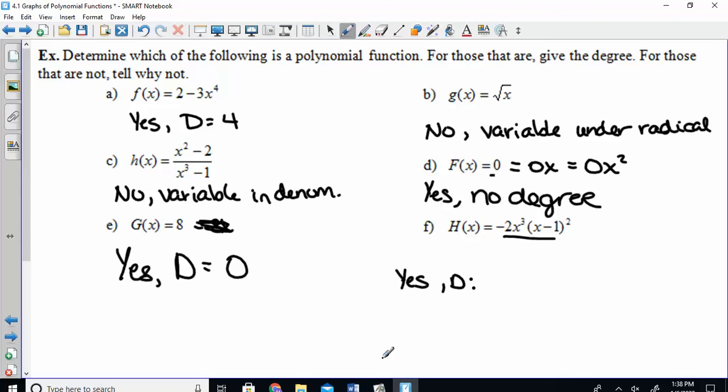So let's just think about what that would be. We have this negative 2, we have an x cubed. If I take this x minus 1 squared, we have an x squared, so we would end up with an x squared in that. If you multiply these, x to the third times x squared, that's an x to the fifth. So overall, what's my degree there? 5.